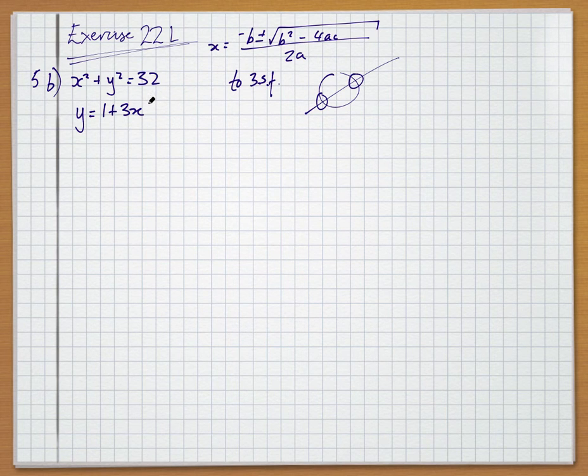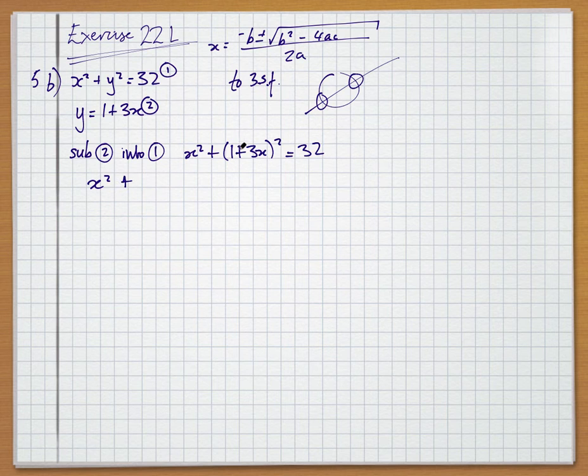So I'm going to call this equation 2 and equation 1, and I'm going to substitute the linear one into the quadratic, which is going to give me x squared plus y squared, 1 plus 3x all squared, equals 32, which I now expand.